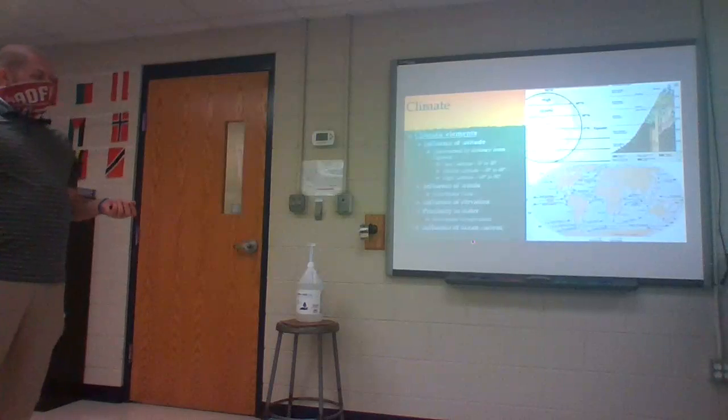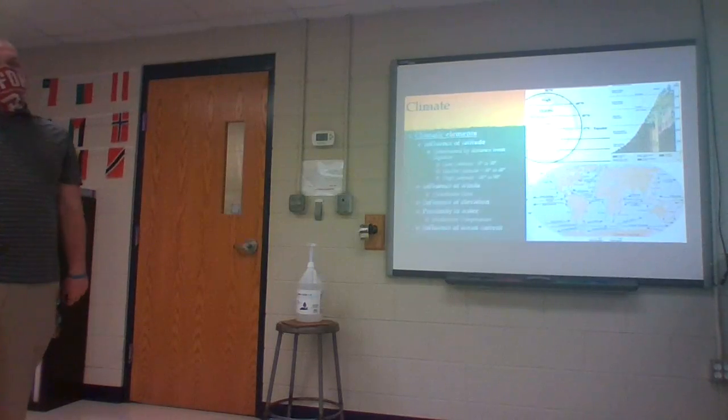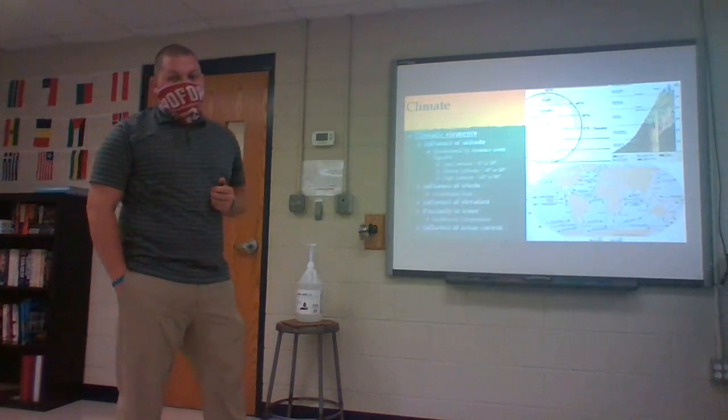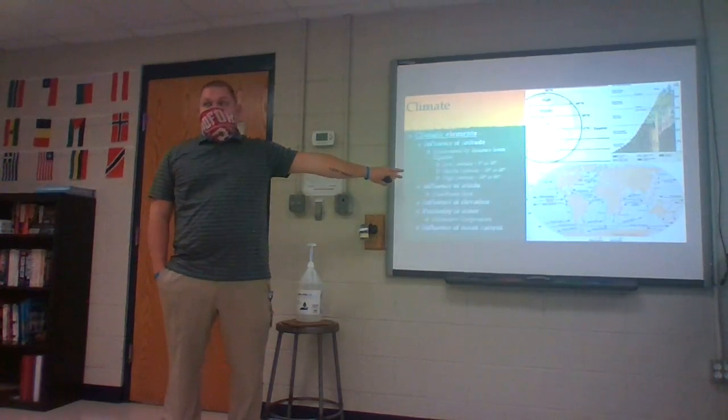Then you have the influence of ocean currents, and what this does is it can, like the Gulf Stream, which comes up the east coast of the United States, that brings warm water from the Caribbean up along the coast of the United States. It gets cold, and then there's a cold current along the northwestern coast of Africa. Okay? Questions here?